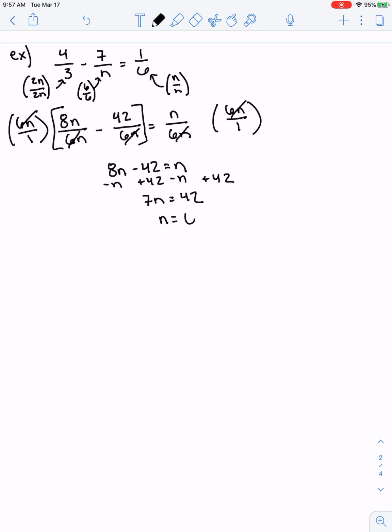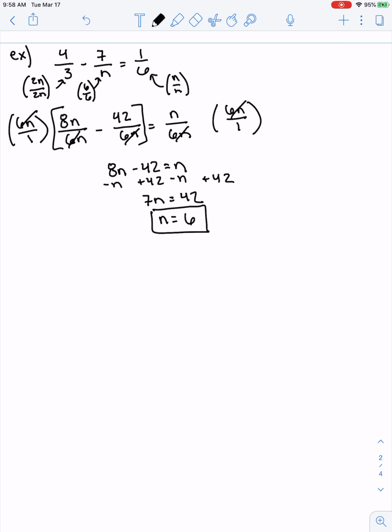If I solve that for n, I get that n equals 6. So remember, according to order of operations, if you have different rational expressions, you need them to all have a common denominator before you are allowed to combine all the terms.